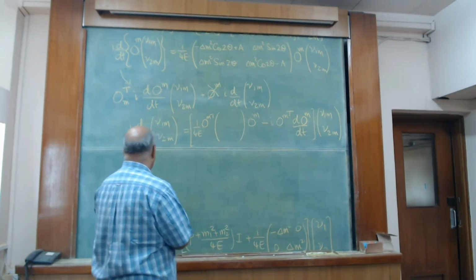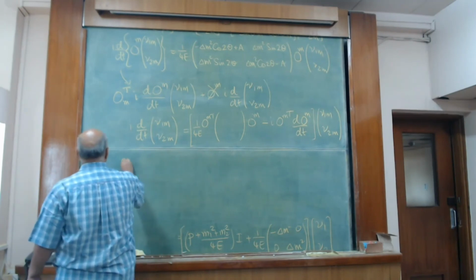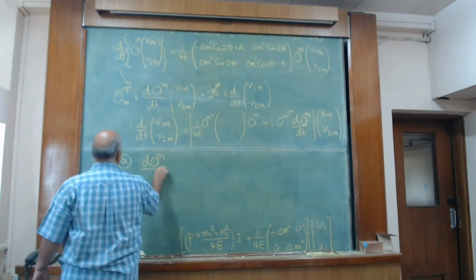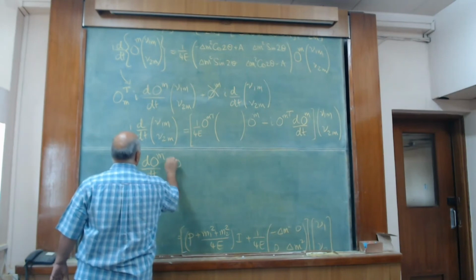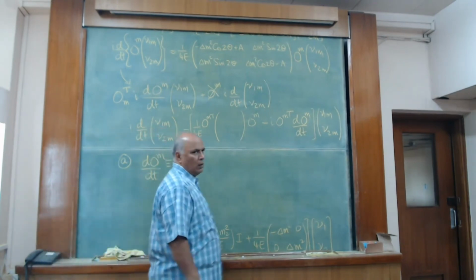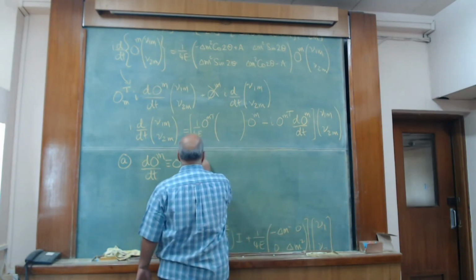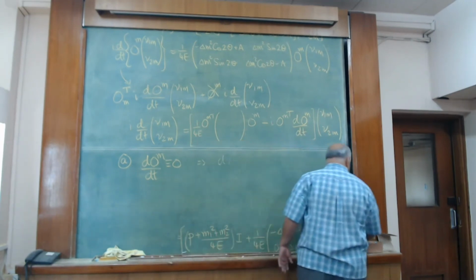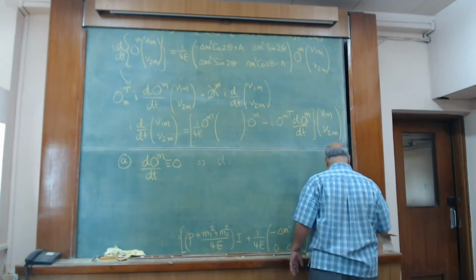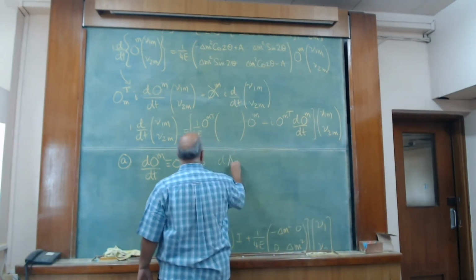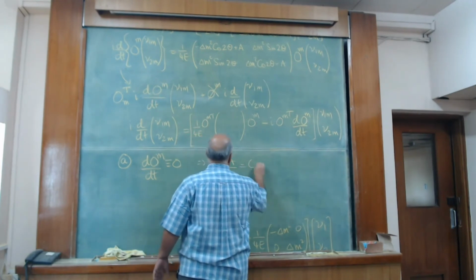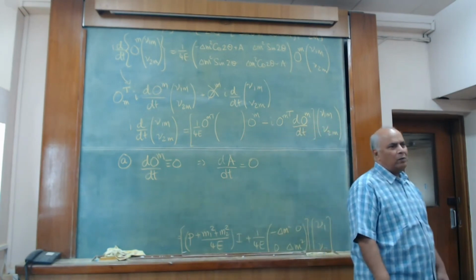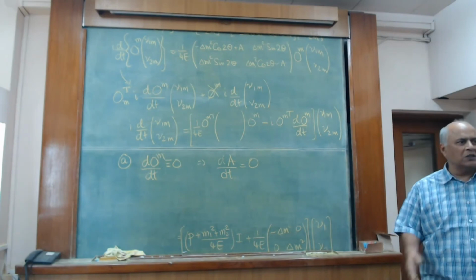Now, I make my first approximation. We assume that the number density of electrons doesn't change with time, so the Wolfenstein matter term does not change with time.